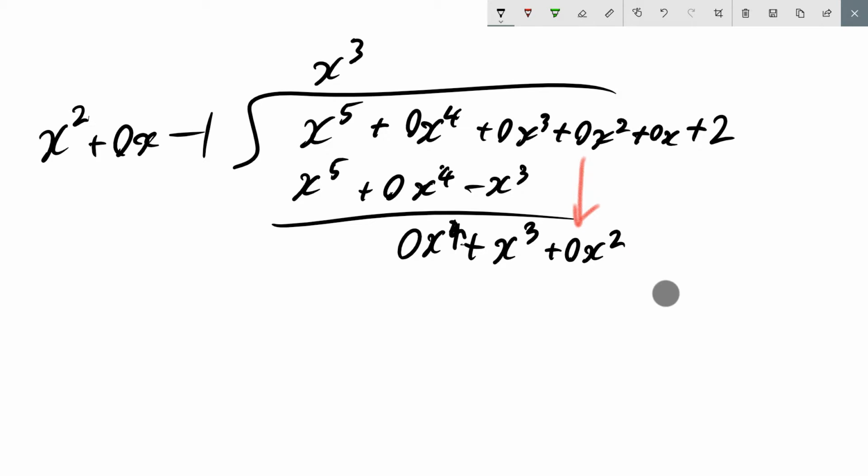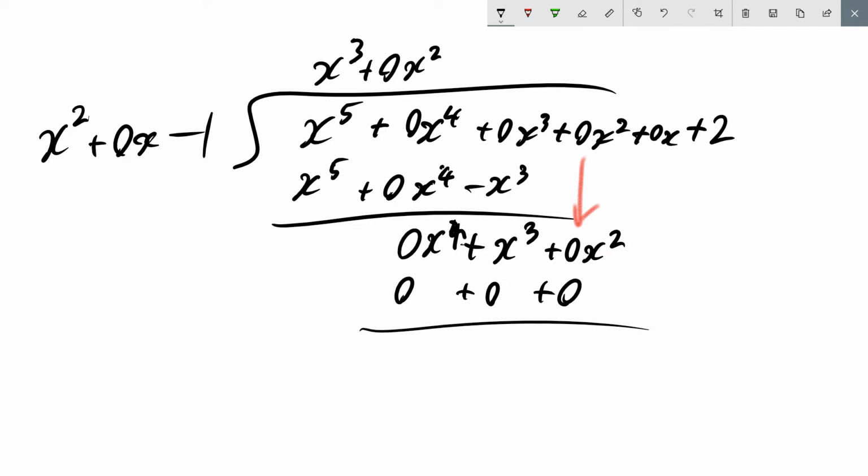So I want to cancel out the first term here, which is 0x to the 4, so I will times by 0x squared. I will get 0 plus 0. Right? Subtract. I've still got my x to the 3 here, and I still have 0x squared.